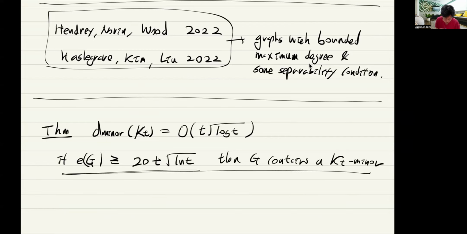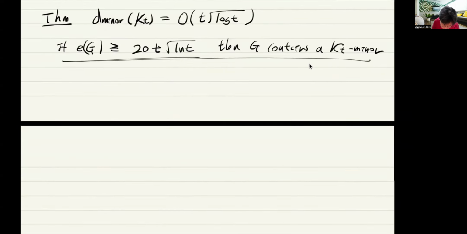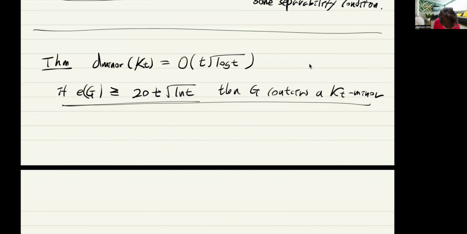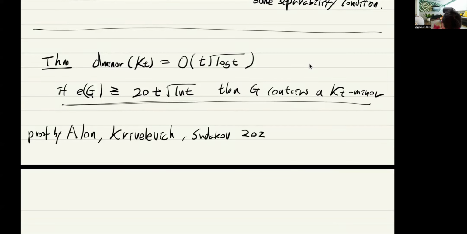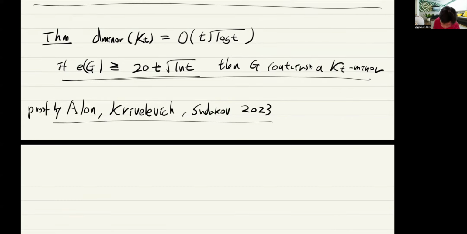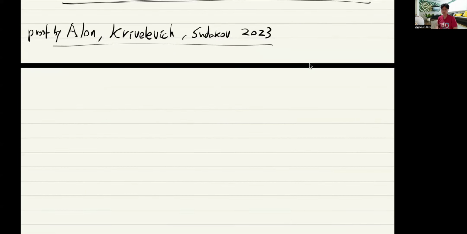So we want to show this, and we want to follow the proof by Alon, Krivelovich, and Sudakov. This proof is from their paper in 2023.